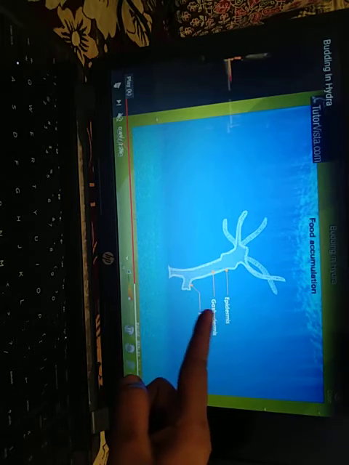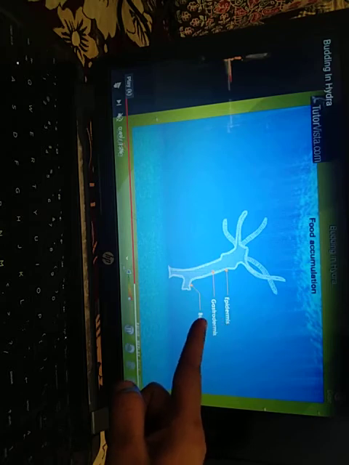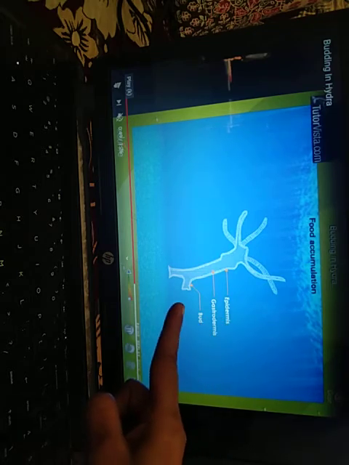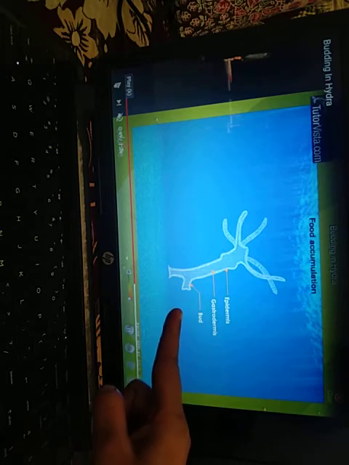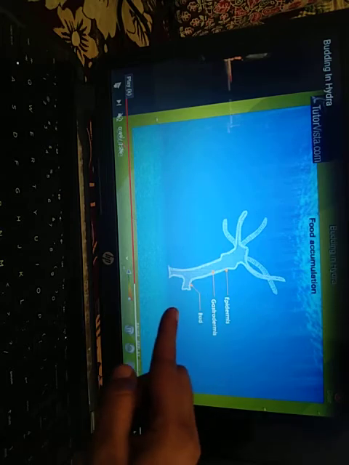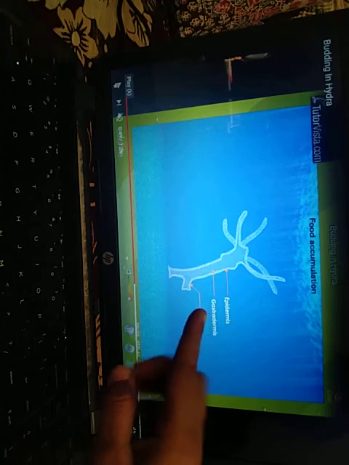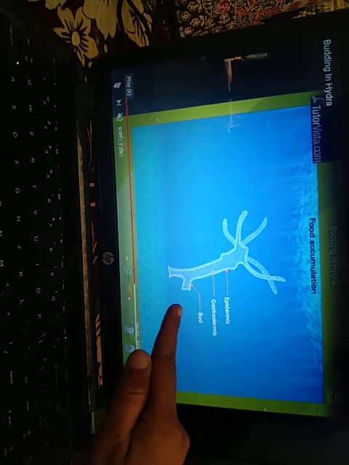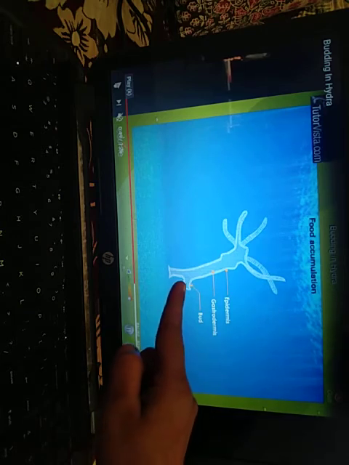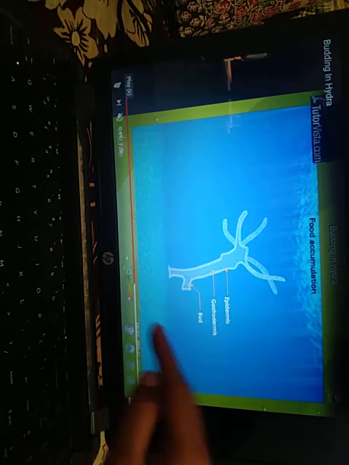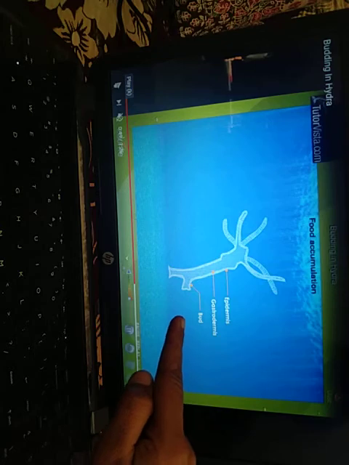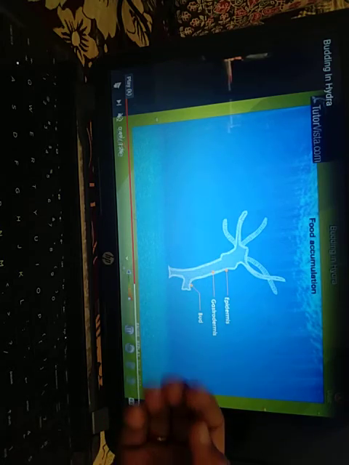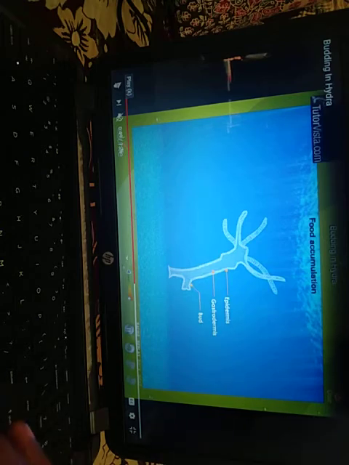So here you can see 2 layers are present, that is epidermis and gastrodermis, or you can say endodermis. Now the bud-like structure has formed, and the nucleus has migrated. A small portion of the genetic material is also given to the bud, and after some time this bud matures and gets detached from the parent body.